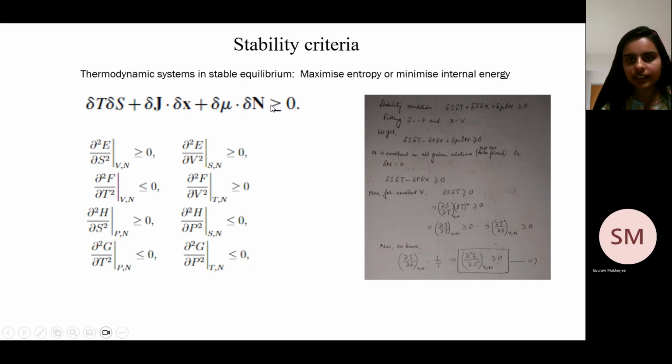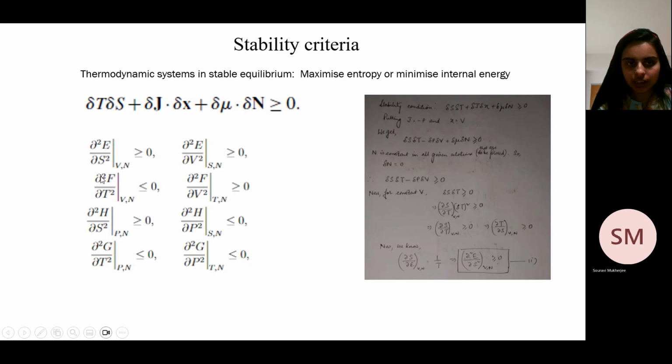And what this tells you is that, now putting in the various values of generalized forces or generalized displacements, like here, if you have a hydrostatic system, you can consider J to be minus P and X as V. And then, imposing conditions like whether your number of particles is constant or not, or volume is constant or not, you can find how this stability criteria manifests itself in the changes in the different potentials.